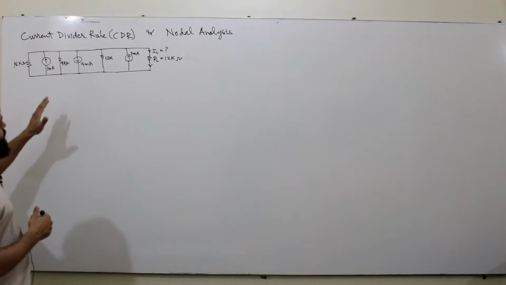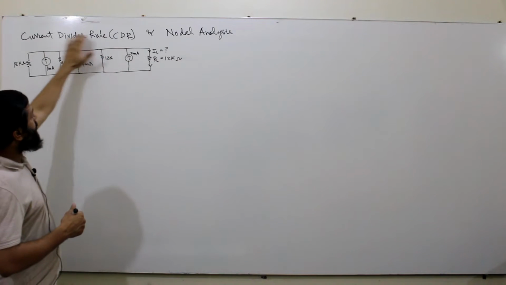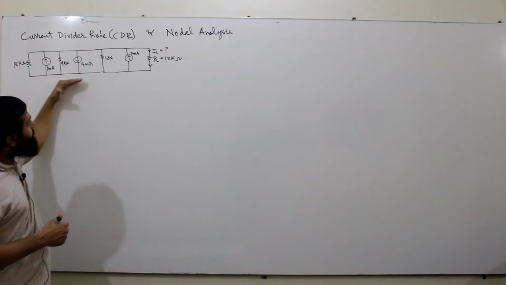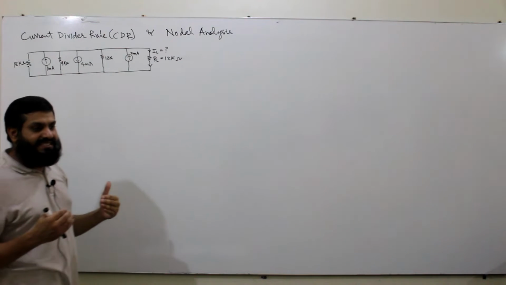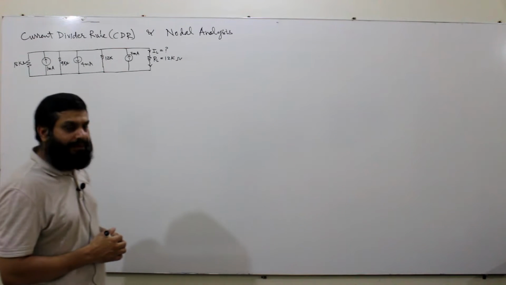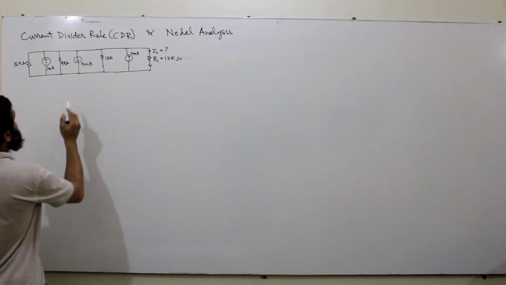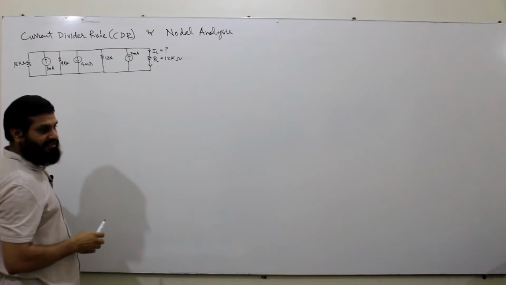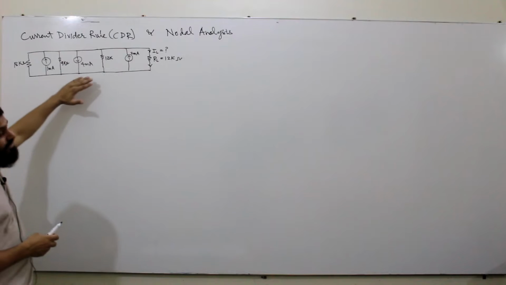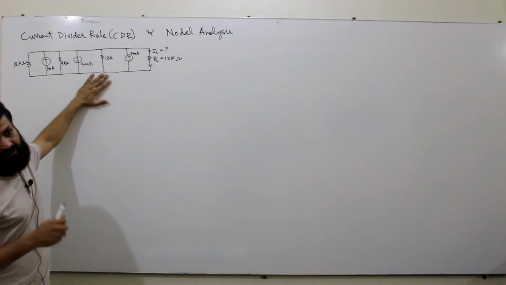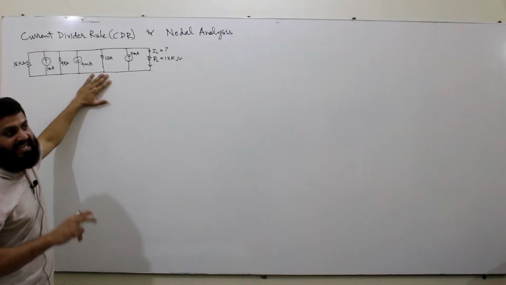To solve this according to the current divider rule, first we will bring this circuit into its simplest form. According to circuit analysis, we want to find the currents and voltages across all the elements.